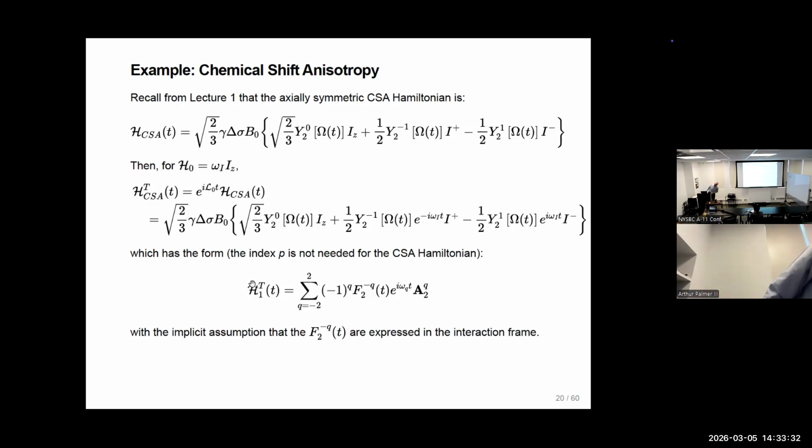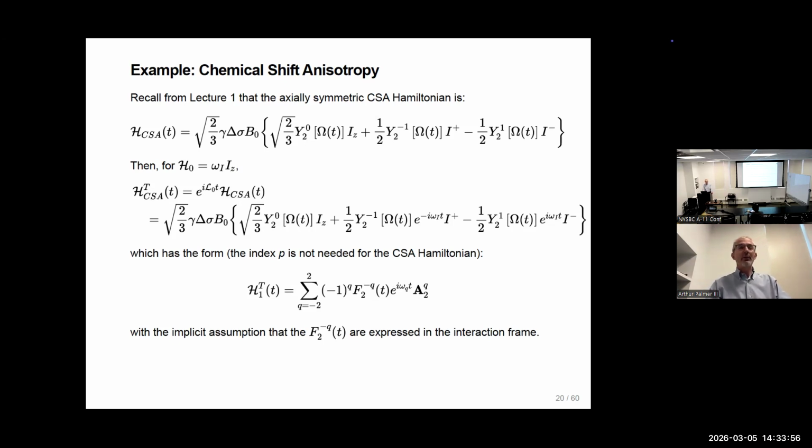So then I can write in the interaction frame. How are we doing on time? Okay, it'll be just another couple minutes. In the interaction frame then, my expansion for the Hamiltonian just has these extra phase factors that were accrued when I switched into the interaction frame from the lab frame.